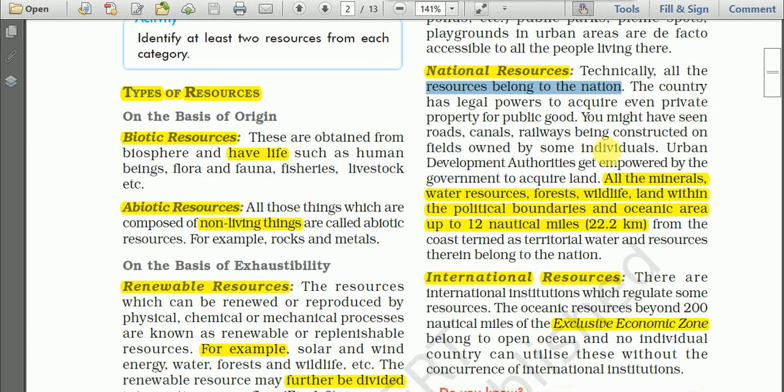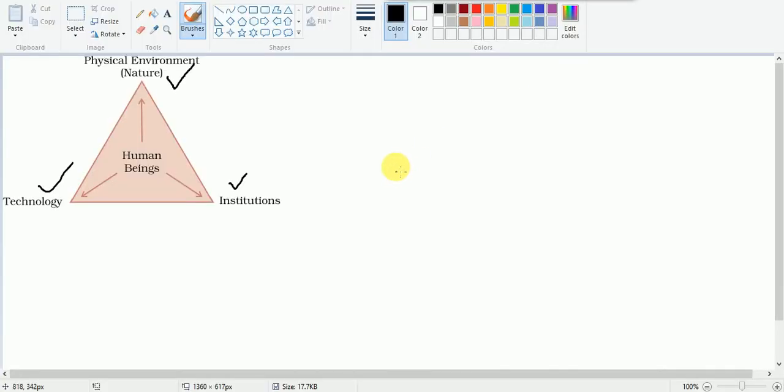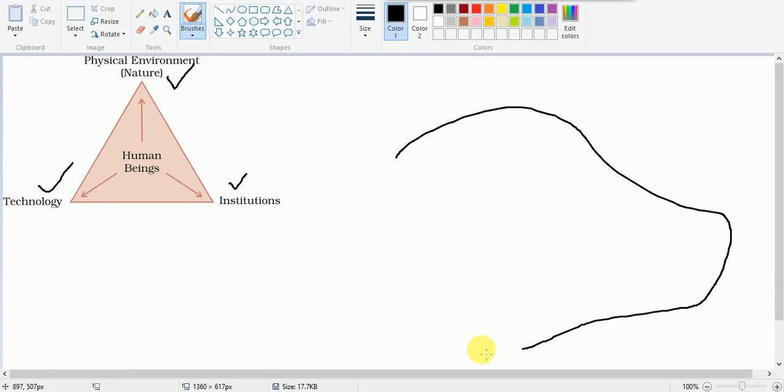The country has legal powers to acquire even private property for public goods. For example, if this is your agricultural field, and for the development of the country the government wants to construct a highway which has to pass through your agricultural field.